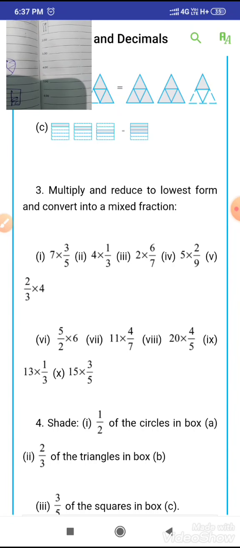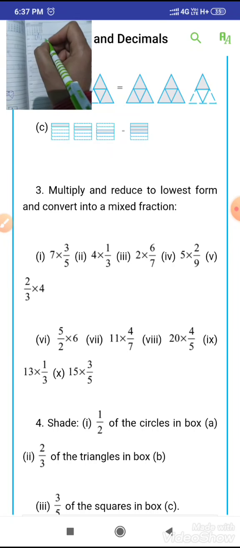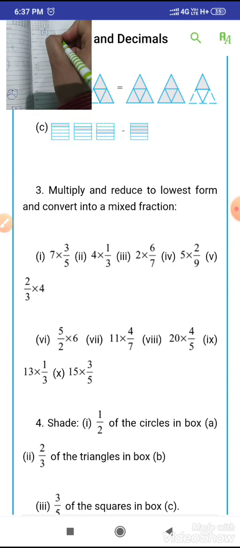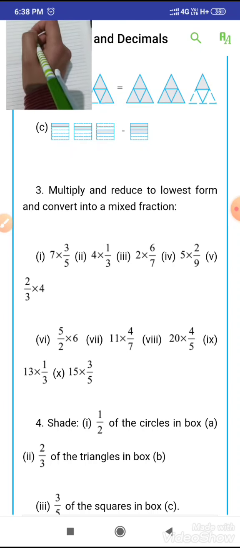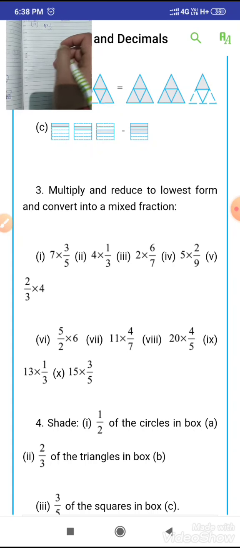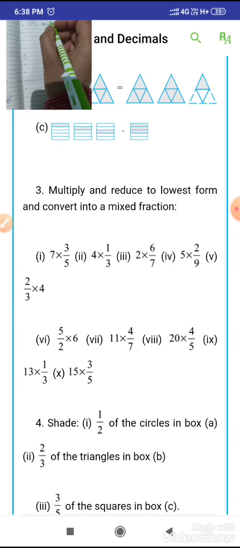Now move to its second part. The second part of the third question is 4 multiplied by 1 upon 3. Again, 4 is a whole number and 1 upon 3 is a fraction.